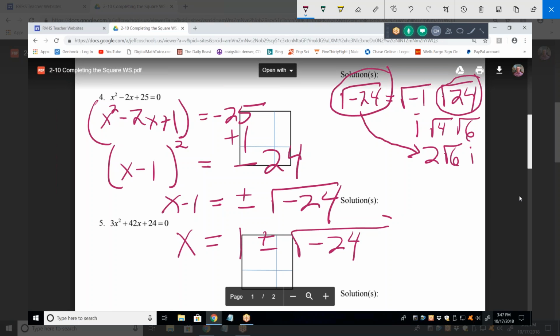So in place of that square root of negative 24, I'm going to put this.